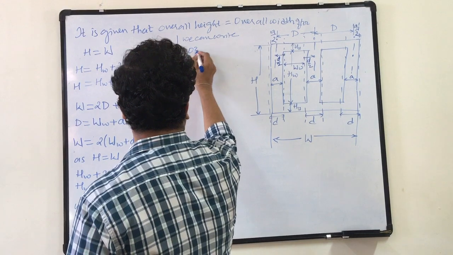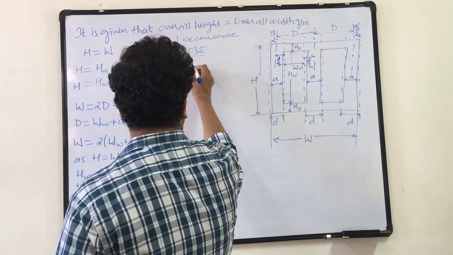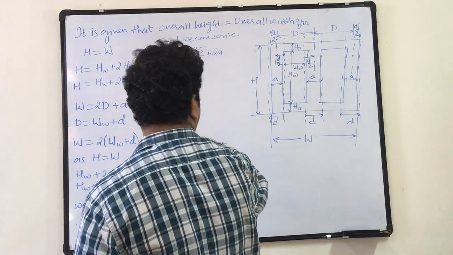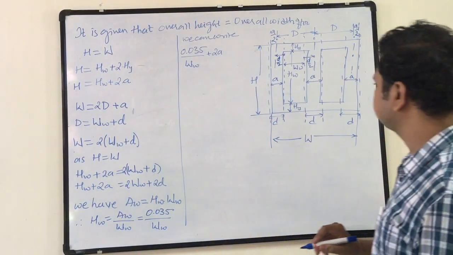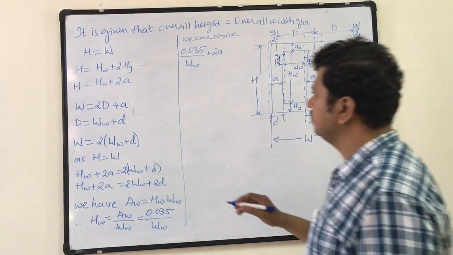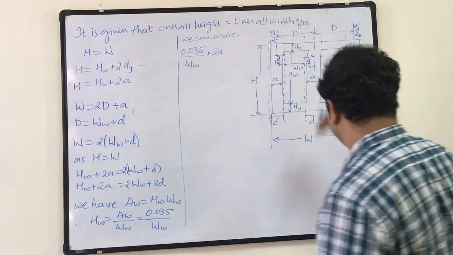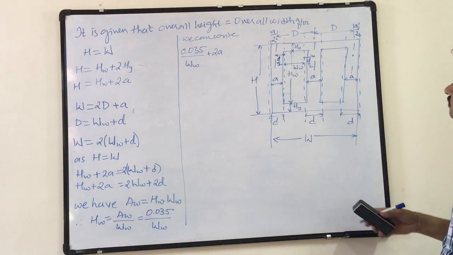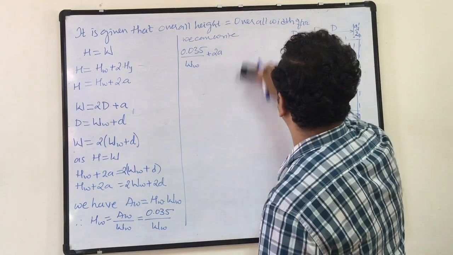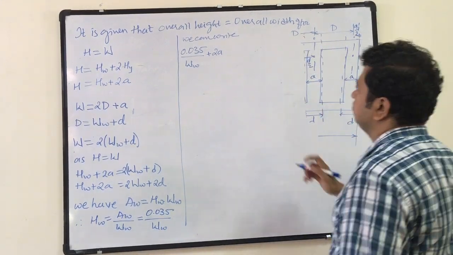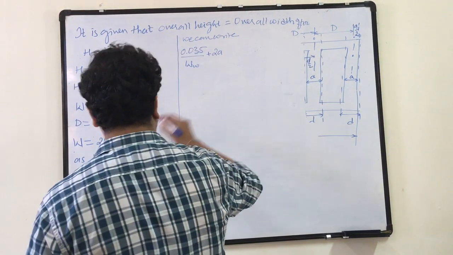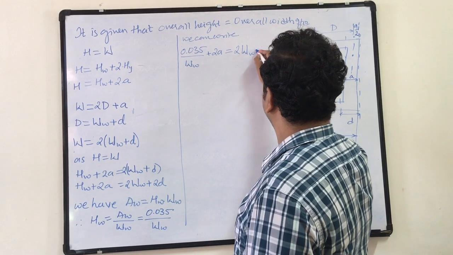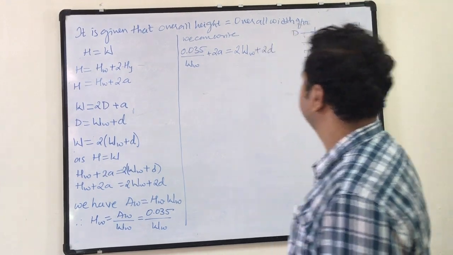So 0.035 divided by width of window plus 2A is equal to 2 into width of window plus 2D.